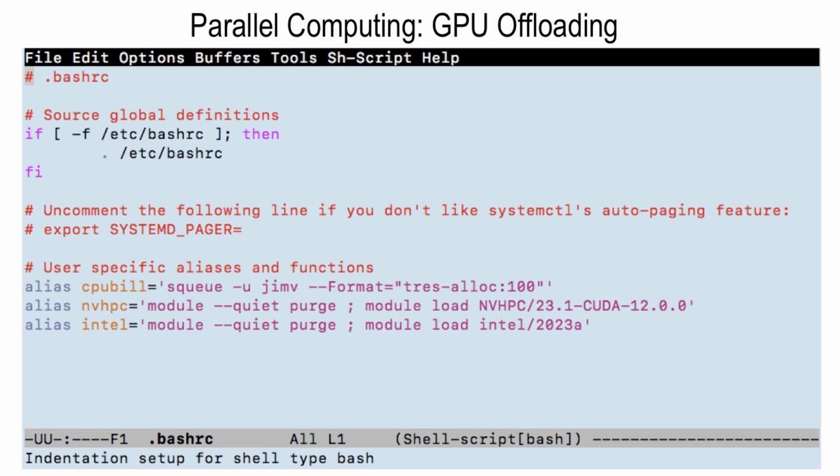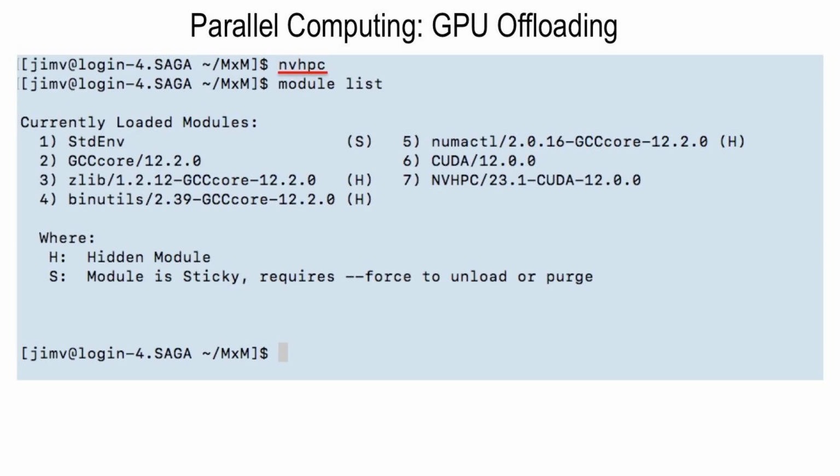I've simplified this process by creating an alias NVHPC in my .bashrc file. Similarly, I've created another alias Intel to easily load the latest Intel Fortran compiler. I can utilize my new alias NVHPC to load the NVIDIA HPC software. By using the command module list, I can obtain additional information about the loaded modules.